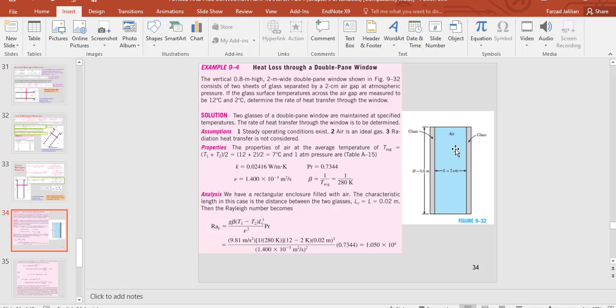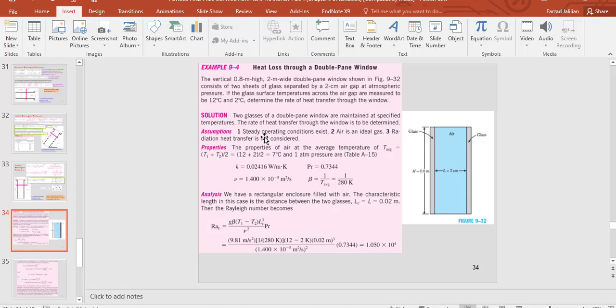If we make some assumptions for this double pane window, we can use our equation. First, a steady operating condition exists. As you may know, the temperature is changing during this heat transfer, but it is mentioned that the temperature is constant during this process. If the temperature is not constant, this 12 and 2 is changing, and all of the calculation is very complicated.